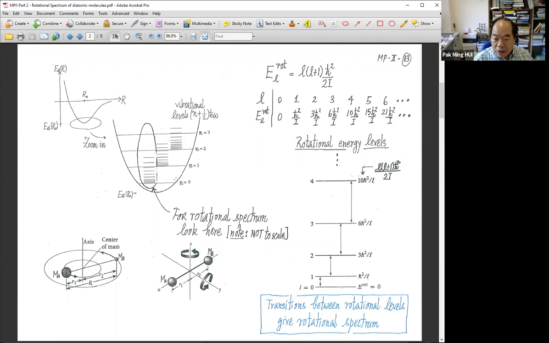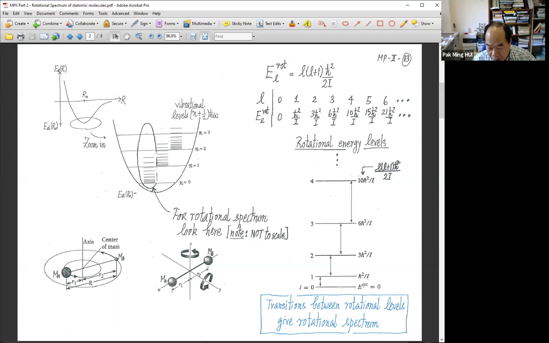So for that, we look at the energy of the rotational levels first. The rotational level is this form, L times L plus 1 times this constant, h bar squared over 2I. So you plug in 0, 1, 2, 3, you will see that now these are the L numbers, okay?